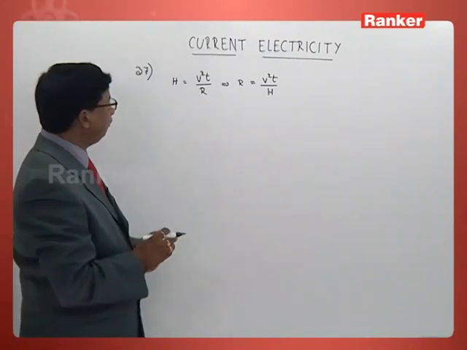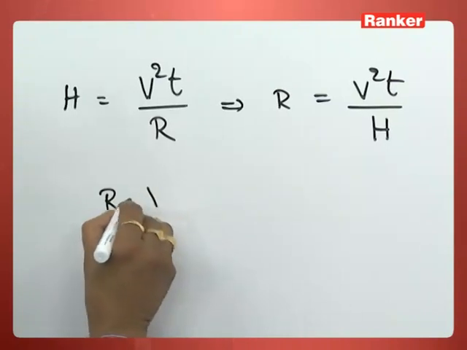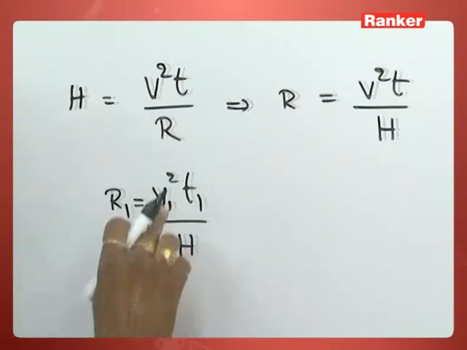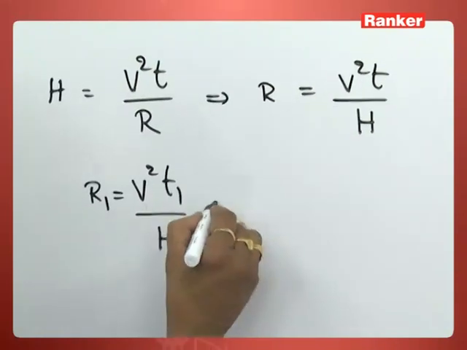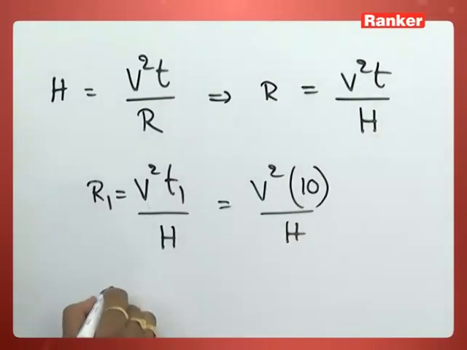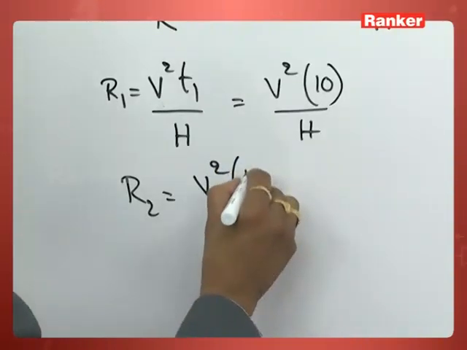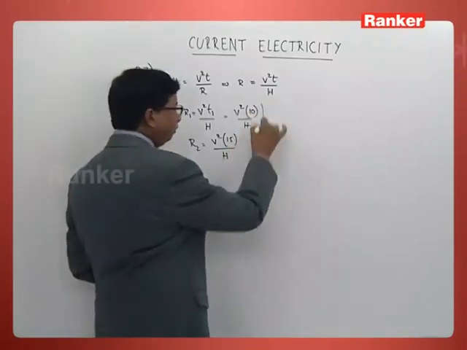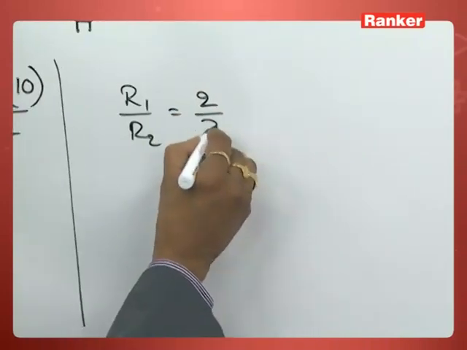So R1, if you take resistance 1, can be taken as V square T1 by H, which is V square into 10 by H. What about the second one? R2 is V square into 15 by H. So from these two, you can directly understand R1 by R2 is in the ratio 2:3.